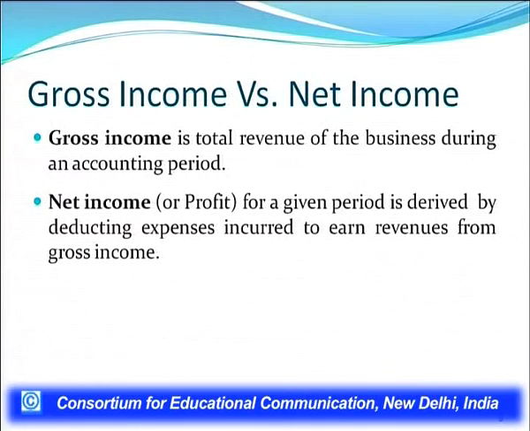Okay. So, we were talking of income, and one classification of income is gross income versus net income. Gross income is the total revenue of the business during an accounting period. If you check the new format of the income statement or profit and loss account given under the new Companies Act 2013, you will find in the income part the operating revenue.